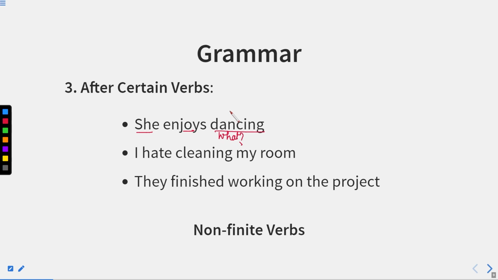So dancing is a gerund, behaving like an object. I hate what? Cleaning. I hate cleaning my room. So this cleaning is behaving like an object. It is replying to the question what? So it is a gerund. They finished what? Working on the project. It means the working has been ended. So they finished what? Working. Now they are no more working on it. Now let us move to the next one.